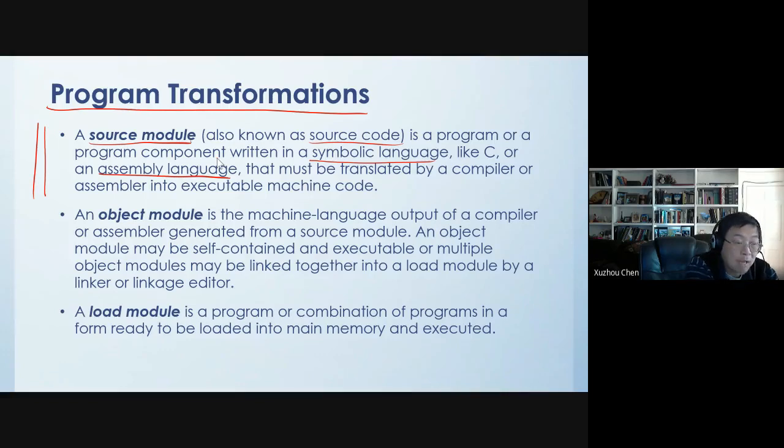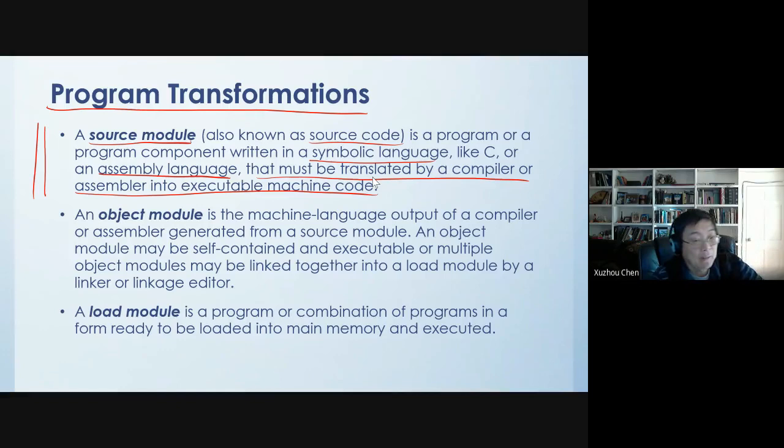Now, it doesn't matter which one you use, a high-level language or assembly language. These languages cannot be directly loaded into computer memory because they are written in something close to the English language.